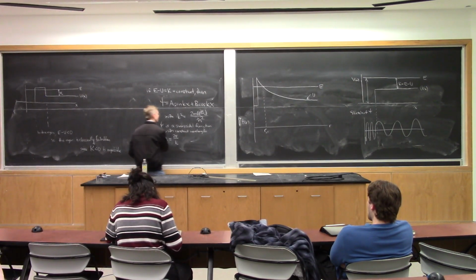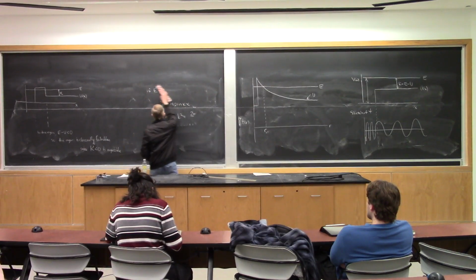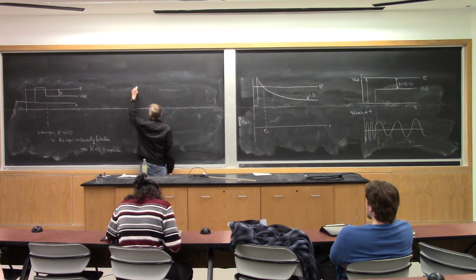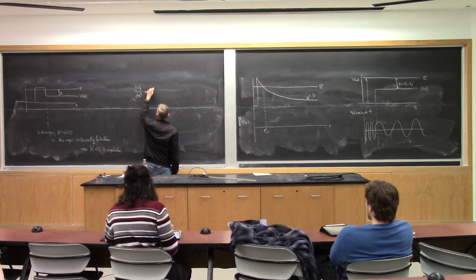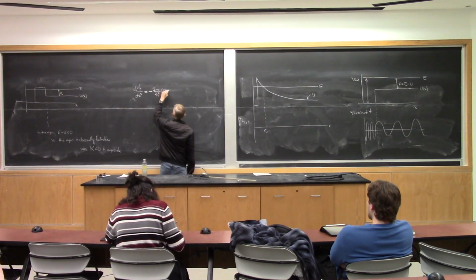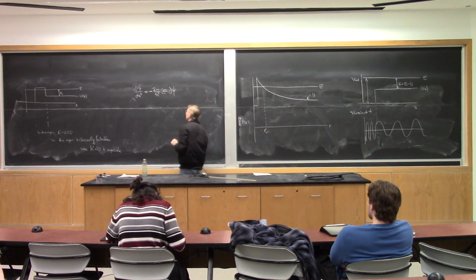But let's look at the quantum version of this. Again, remember that d squared psi dx squared is equal to minus 2m over h bar squared times (E minus U) psi.